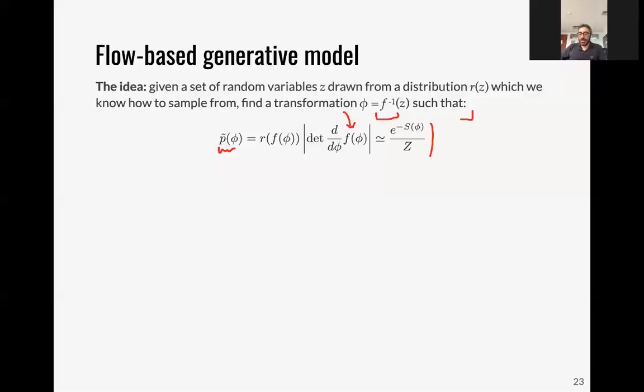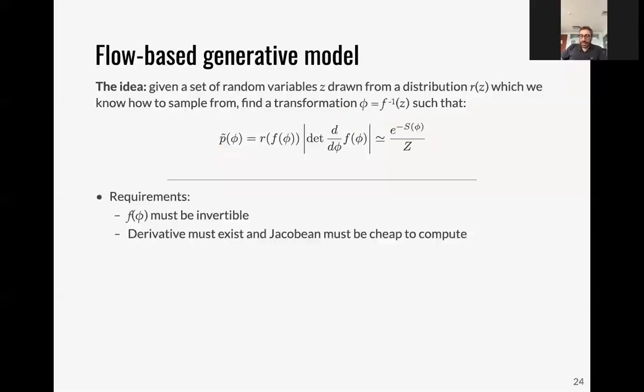It's just I'm following some literature. Okay, so the requirement is, of course, that this f of phi must be invertible, right? Because both its inverse and its forward version appear. And of course, this derivative must exist, right? And must be easy to compute.